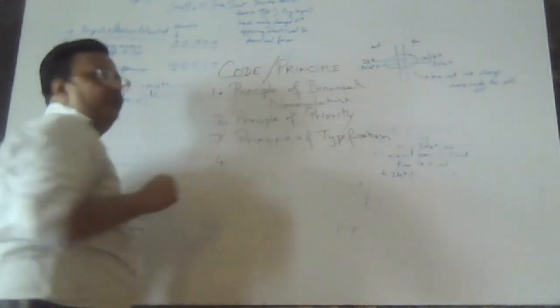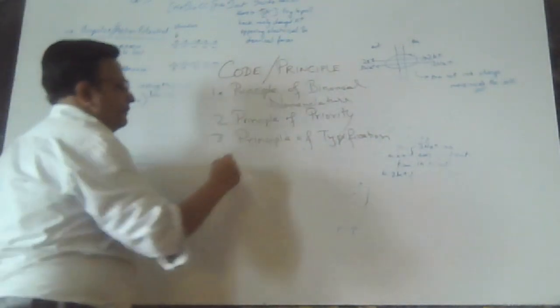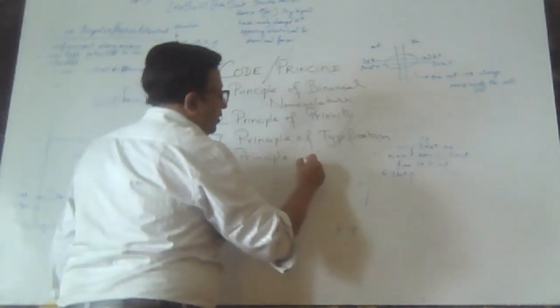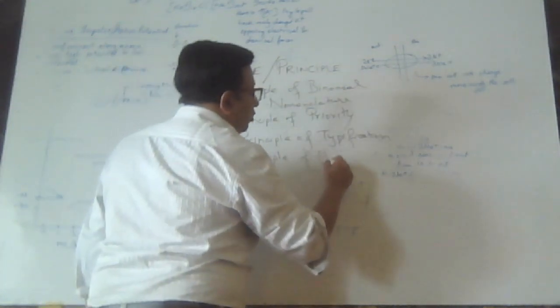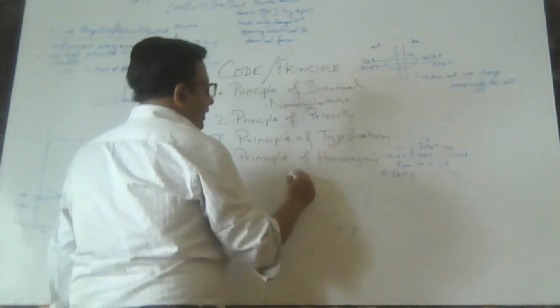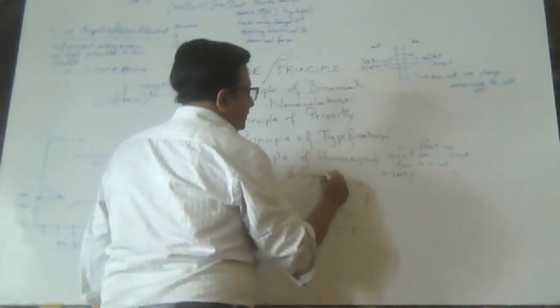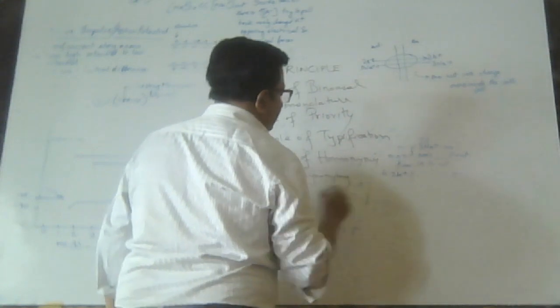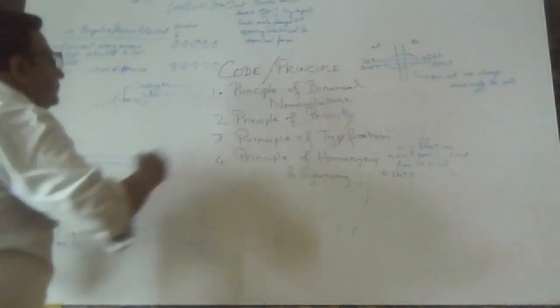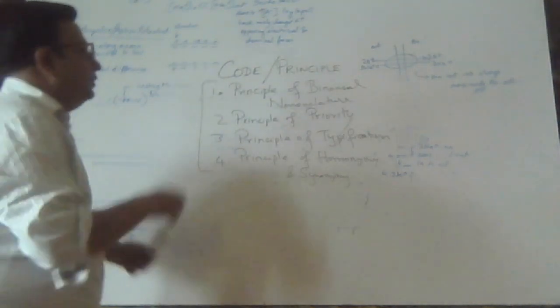And fourth, the principle of homonymy and synonymy. These are the basic principles. There are a few more, but you don't need to study them. You study all these four.